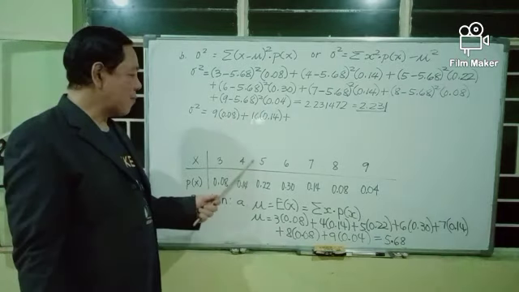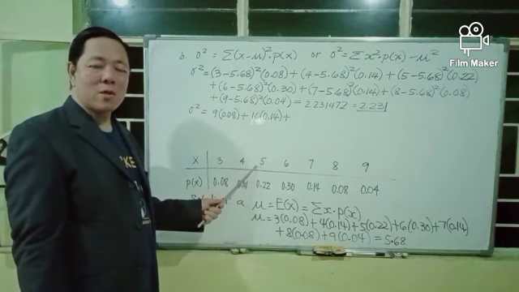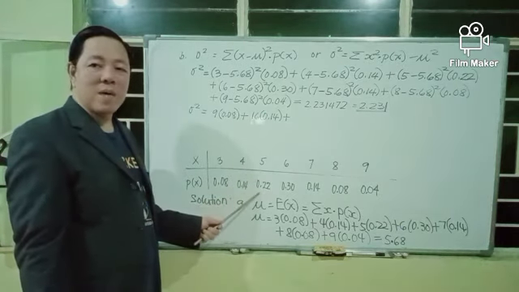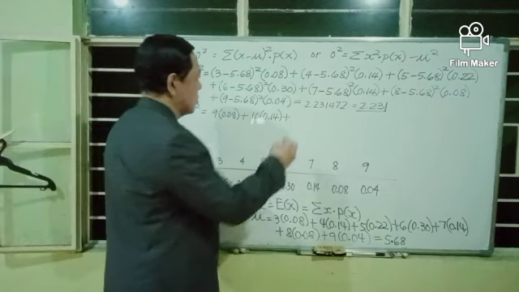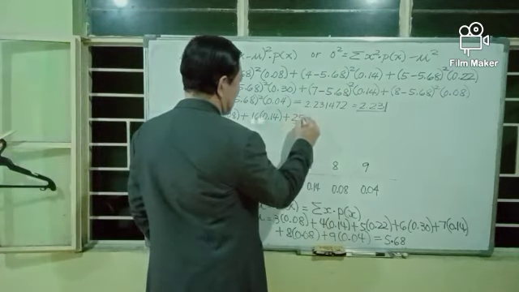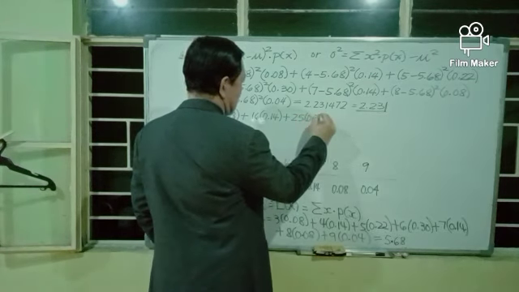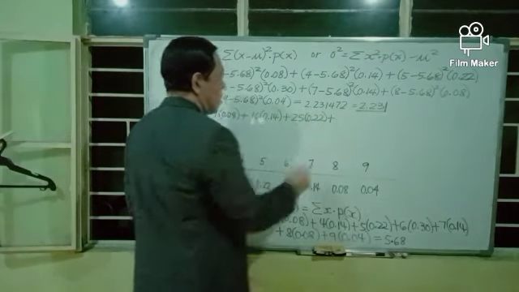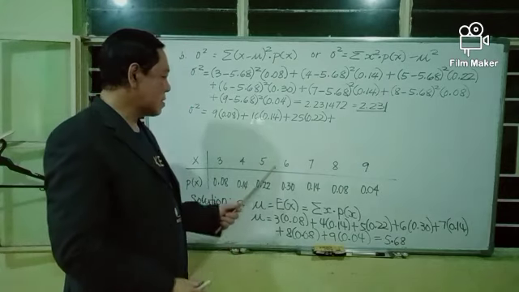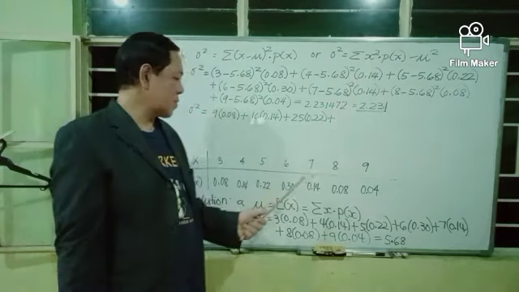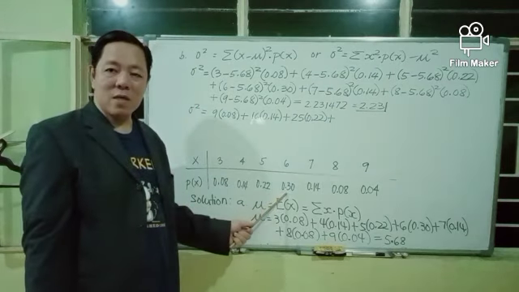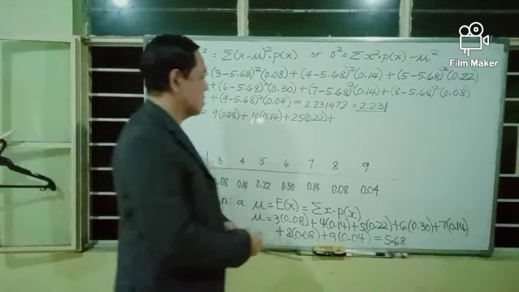Plus the next value of x is 5, square it, 25, multiplied by the probability of x equals 5, 0.22. Plus the next value of x is 6, and square it, 36, multiplied by the probability of x equals 6, 0.3.